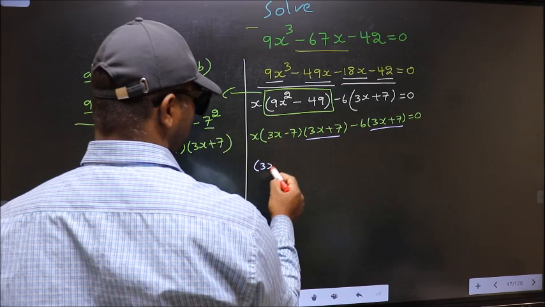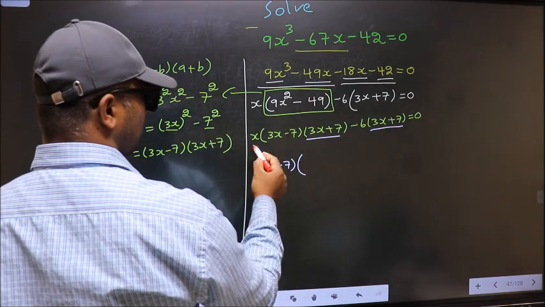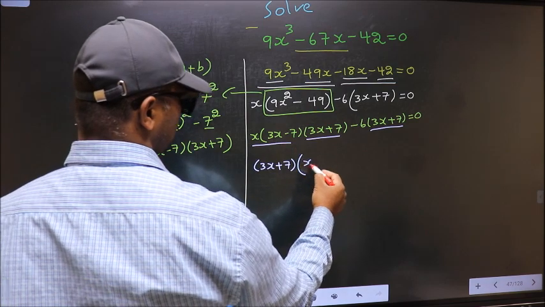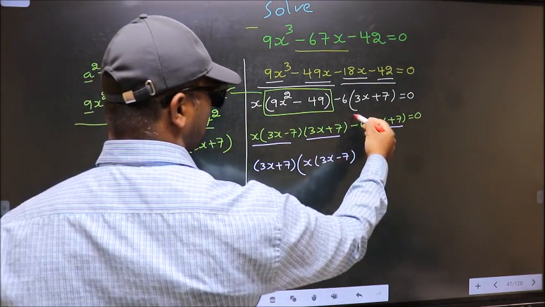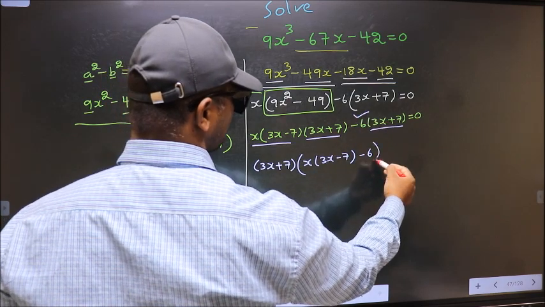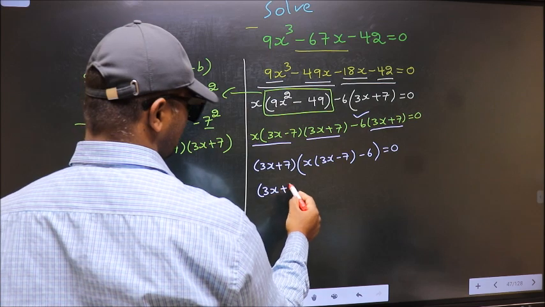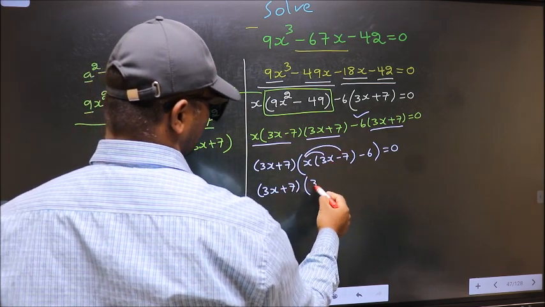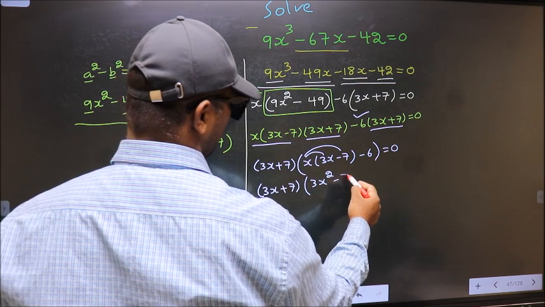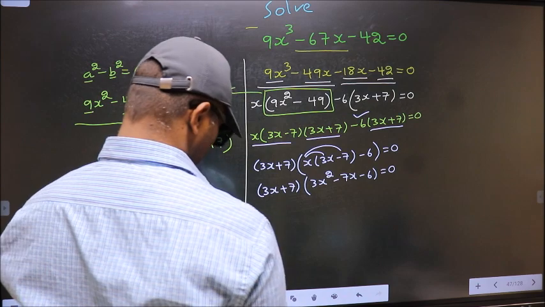So 3x plus 7 outside. Over here we are left with these two, that is x times 3x minus 7, and over here we are left with minus 6 equal to 0. Now 3x plus 7, you open up the brackets, you get 3x square minus 7x minus 6 equal to 0.